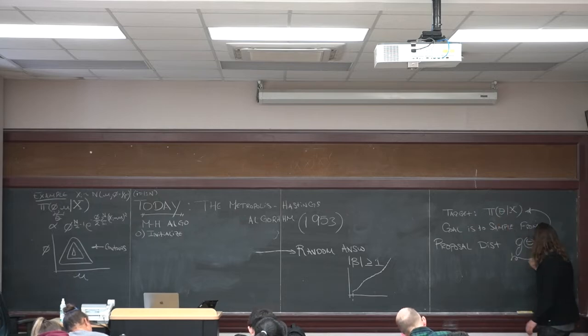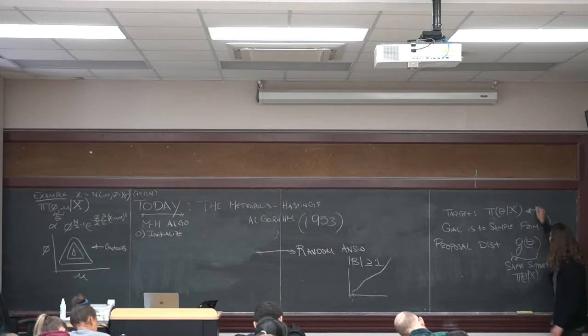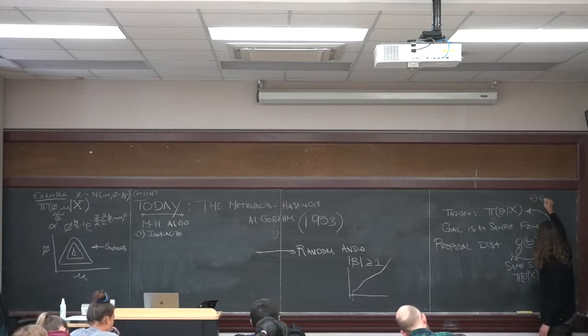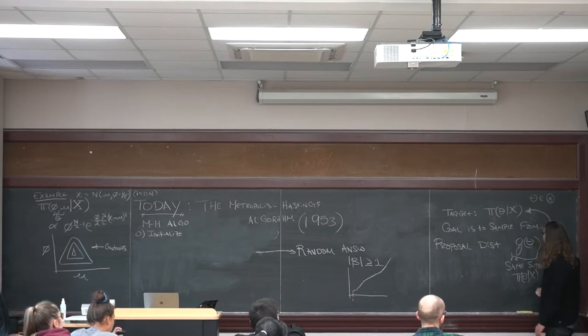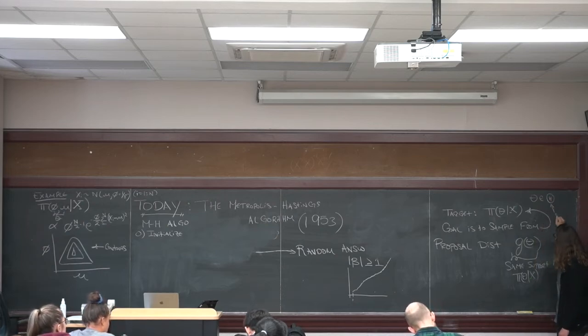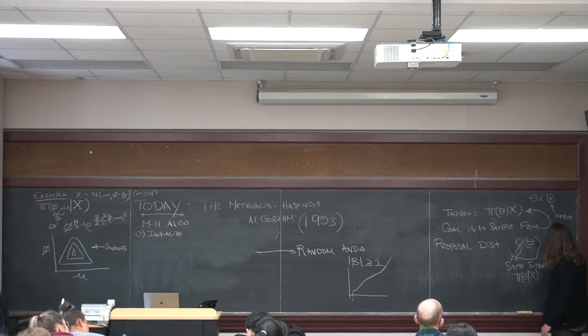So this will have the same support as pi theta. We could come up with some notation, so I could say something like theta lives in this right here, so that's the support. And so I would say theta also lives here.